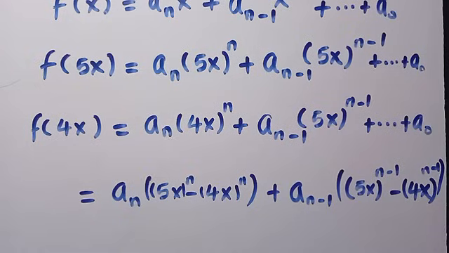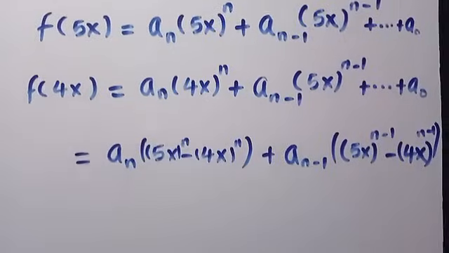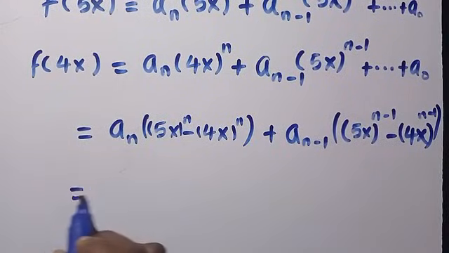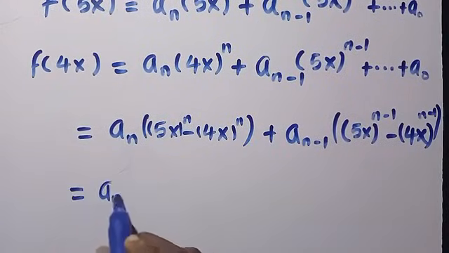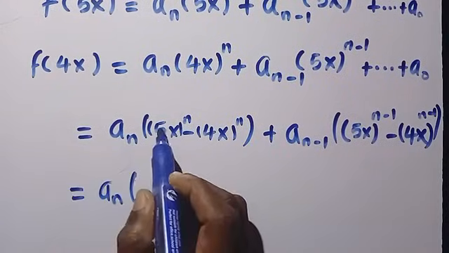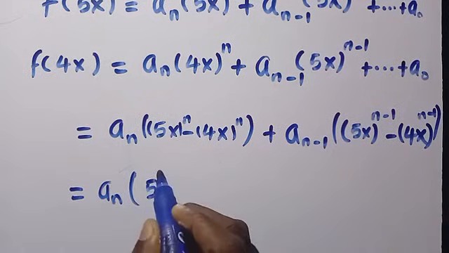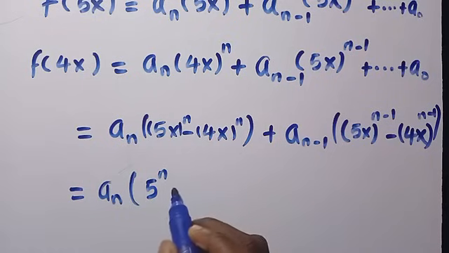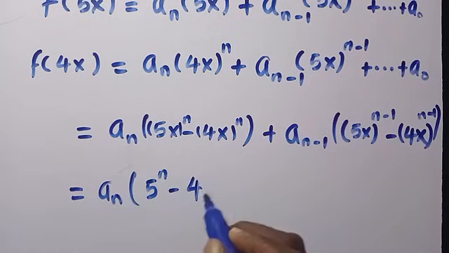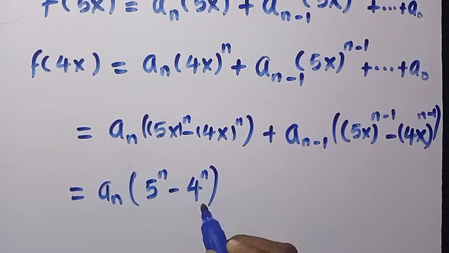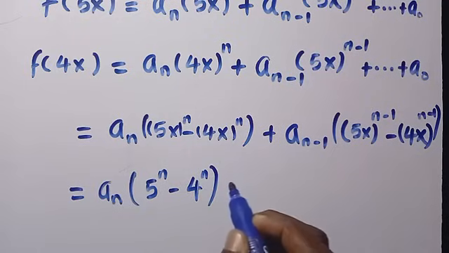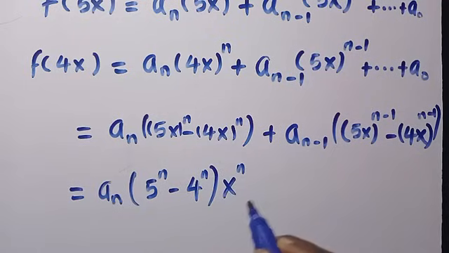And when we keep applying that, a naught will cancel a naught. Then from here, if you have a_n bracket, this 5 will take power of n following the rule of indices, minus also 4 will take power of n, then x raised to power n is common, we factor it out.